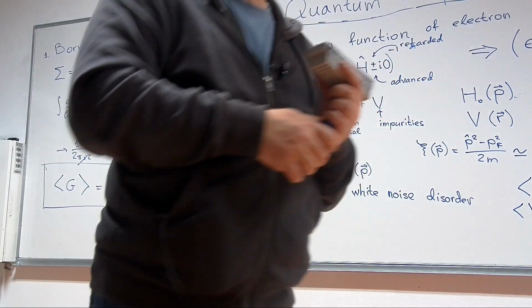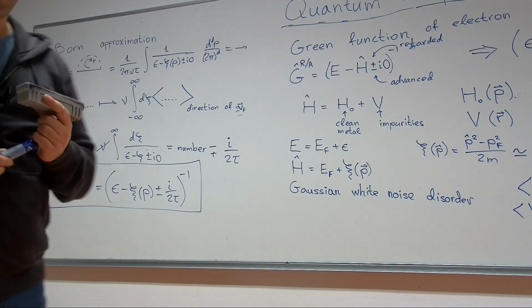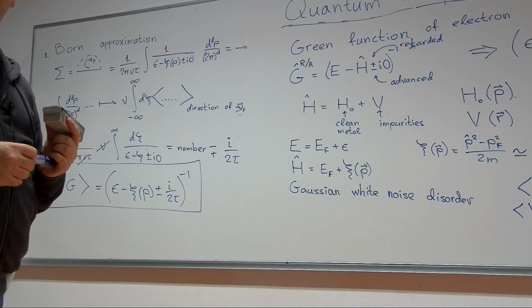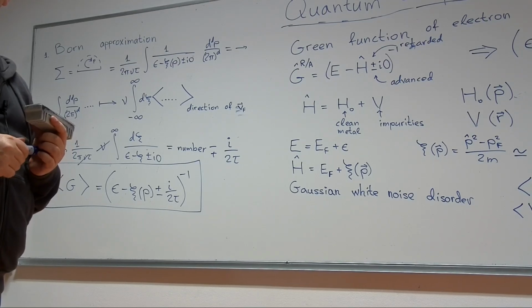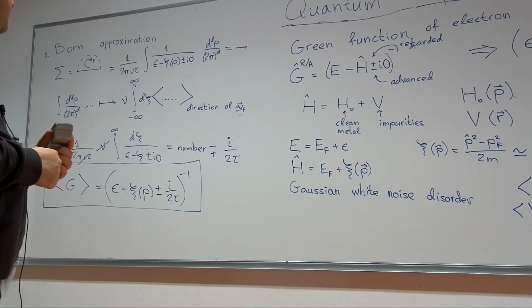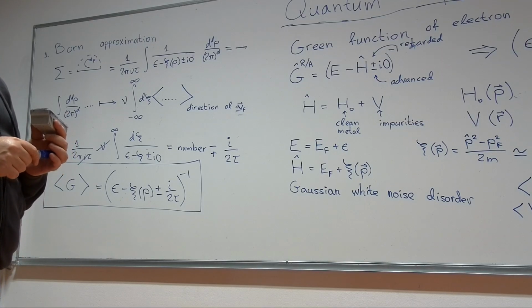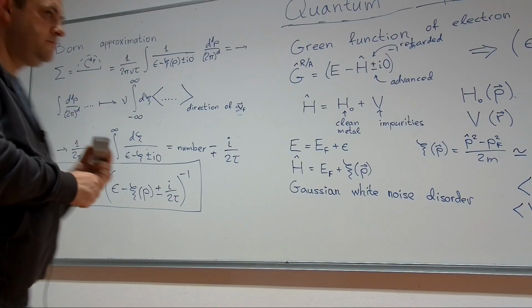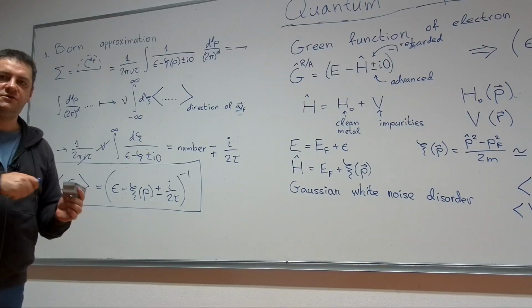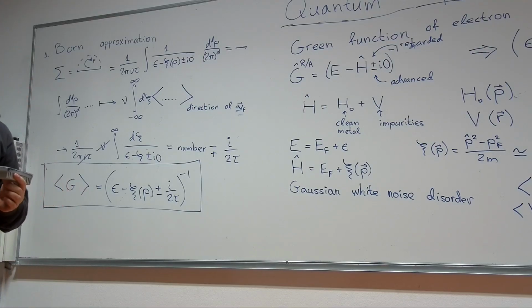Okay. One more question about convergence. So what if we substitute p squared over 2m instead of psi, and then take an imaginary part of this integral, and we will reproduce the same result, provided Fermi tau is large.